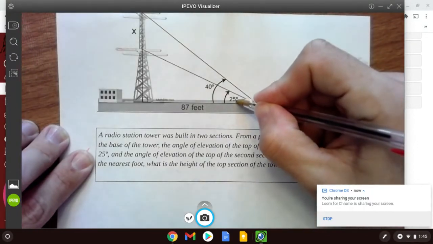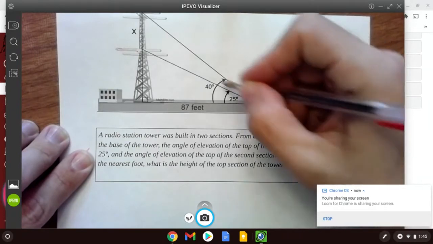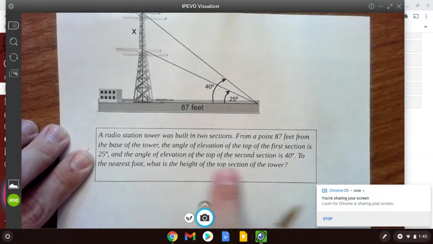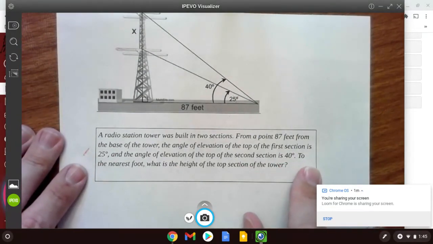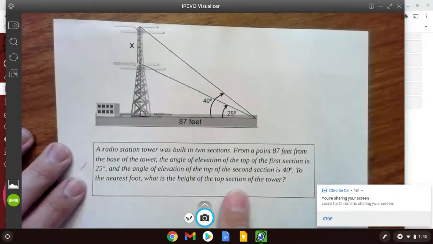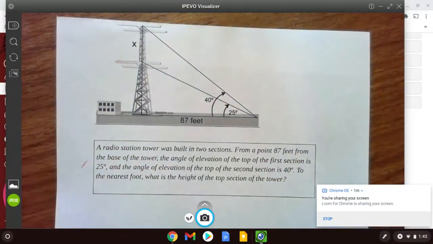So measuring upwards, they've got a 25-degree angle from the starting point up to the top of the first section. And for the second section it is 40 degrees. The question is, to the nearest foot, what is the height of the top section of the tower? So not the overall height, but just this top section.